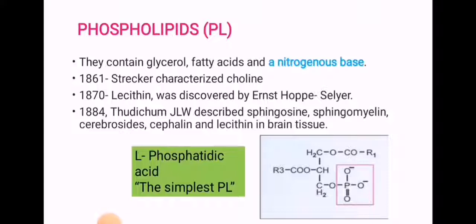So Strecker characterized choline. In 1870, lecithin was discovered by Ernst Geller, who is a German biochemist. And in 1884, Thudichum described sphingomyelin, cerebrosides, cephalin, and lecithin in brain tissue.